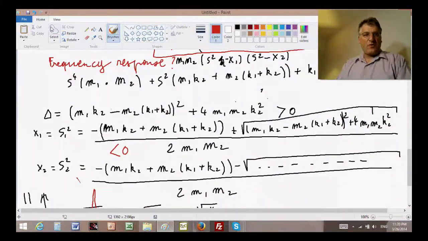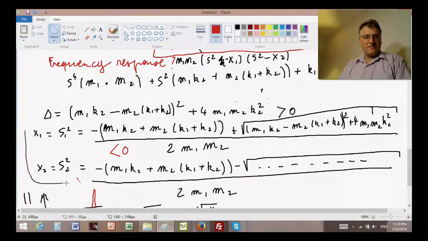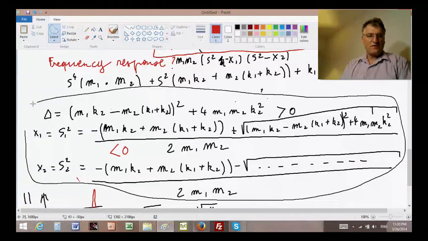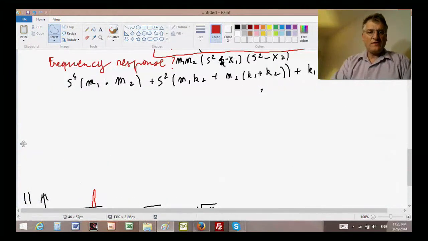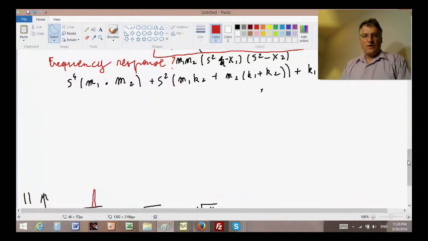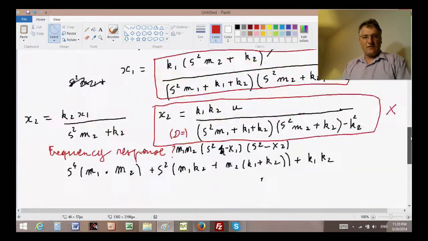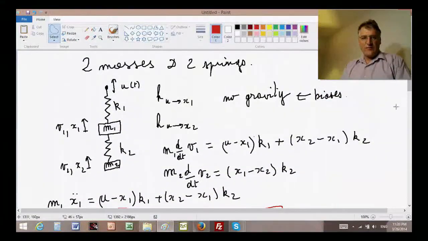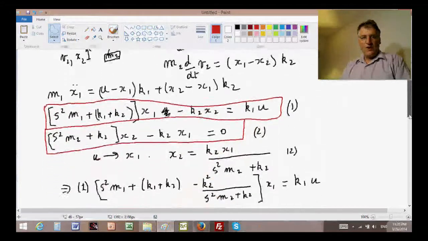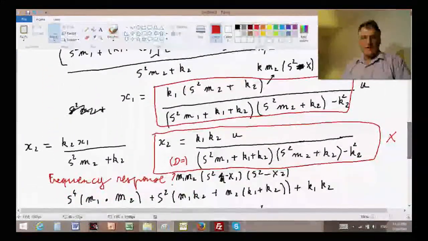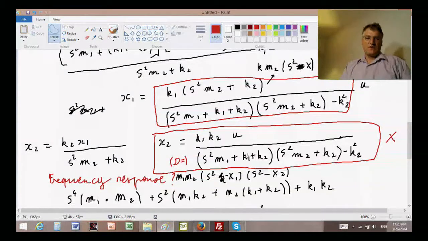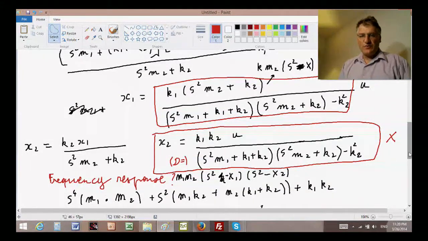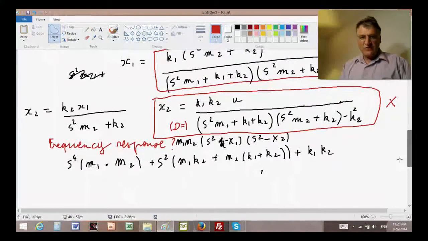Now, for the second item, okay, so let me erase these guys for a second. What we will see, and so this is, by the way, exactly what happens when you compute the transfer function corresponding to the product of two simpler transfer functions.